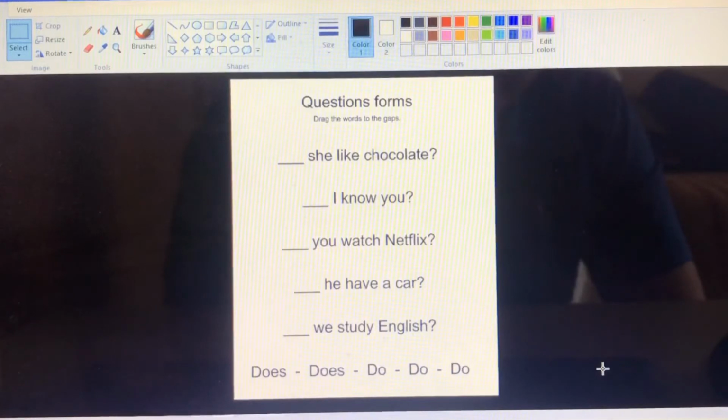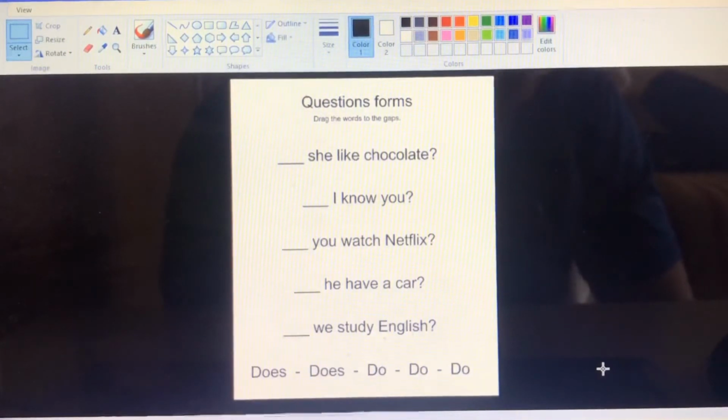Right here, we have different pronouns. Let's read them. She, I, you, he, we. Okay, now that we have identified all the different pronouns, let's focus on the first one.